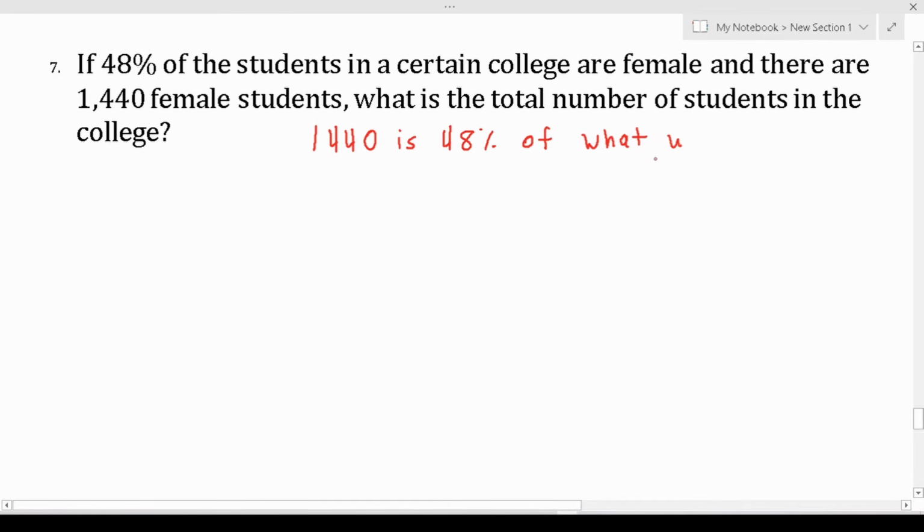And I can't spell today. What number? Okay, we have is equal of multiplication, what number? N. So let's write this out. This is 1440 equals 0.48 times n.